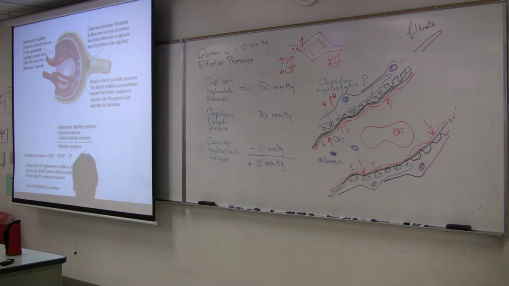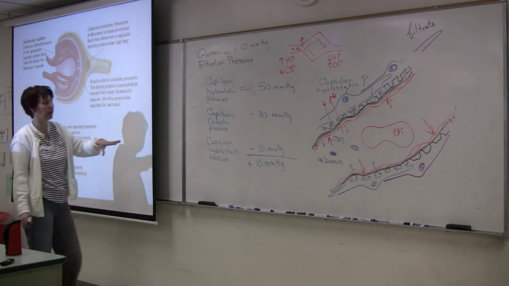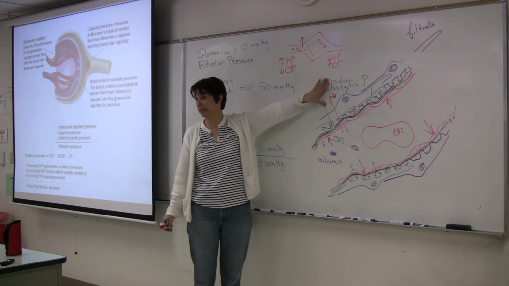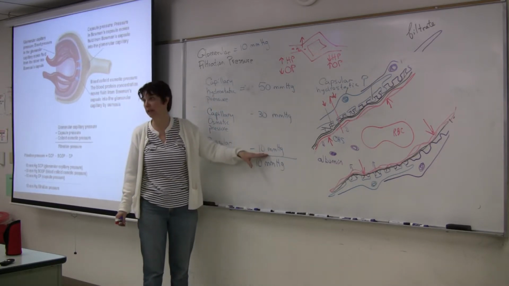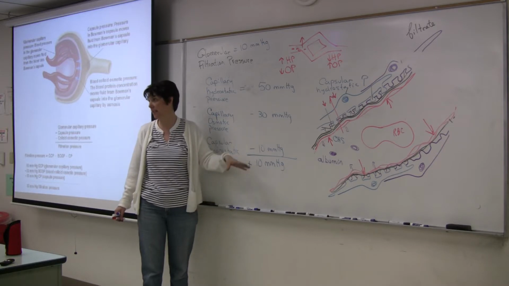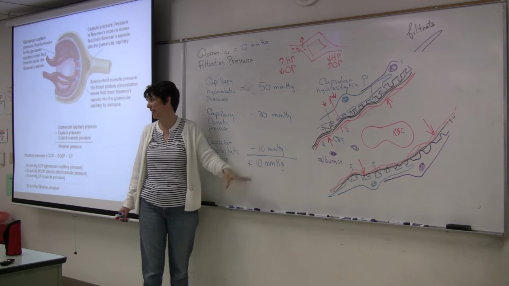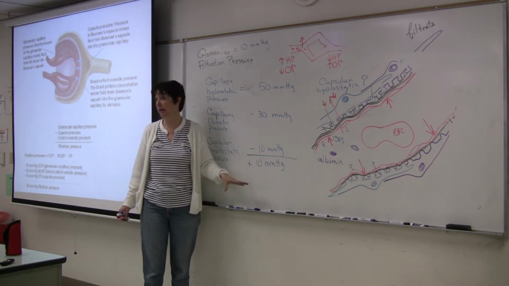Now probably if we drop that filtration pressure, the amount of fluid in our capsular space will drop as well, so this number might be lower. But it doesn't take much of a drop of the hydrostatic pressure to radically change the net glomerular filtration pressure.